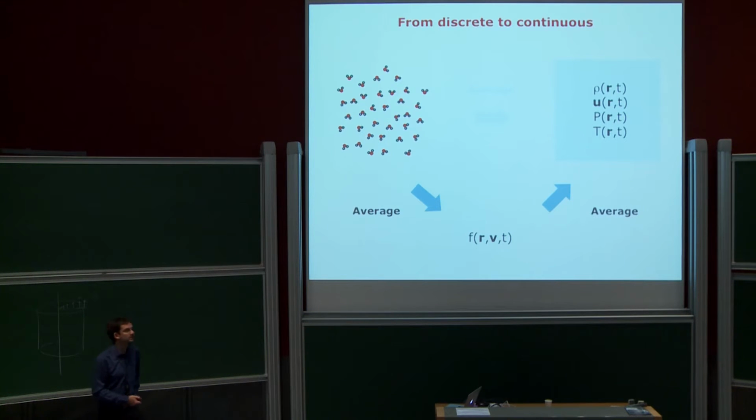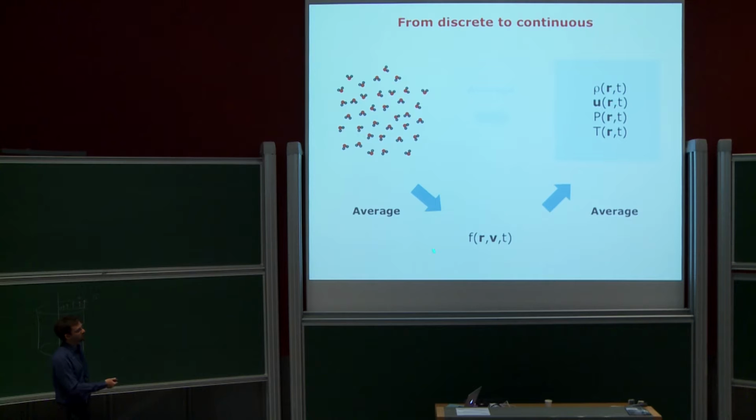So this quantity f is also a collective quantity, just as the hydrodynamic fields, but it contains more information than just these fields, because it tells you about joint probability, so to find a particle with a given velocity at a given position and a given time.